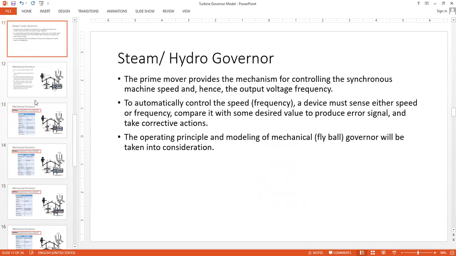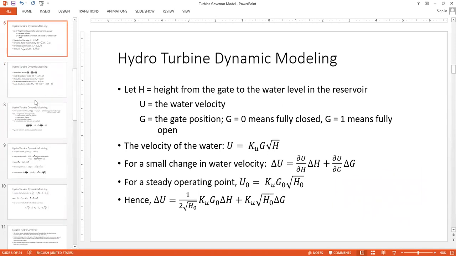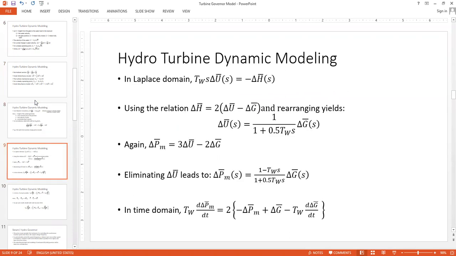Okay, so let's continue with the modeling part that we did in the last class. That would help us to represent the mechanical power variable PM, which was basically an input variable earlier on.